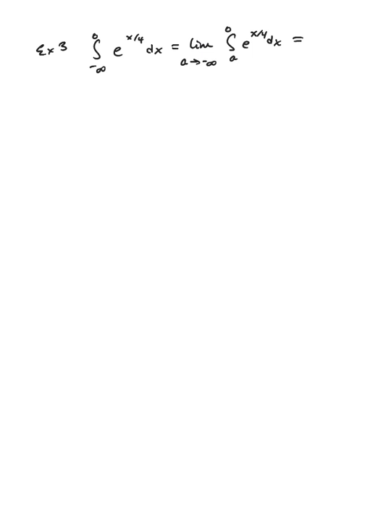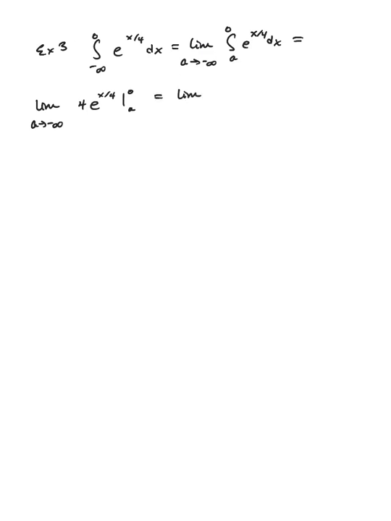So as you know, when you integrate that, you're going to get e to the x over 4. You have to compensate for the rate times 4, because remember, that's a derivative. So we have to go from a to 0, limit as a goes to negative infinity.